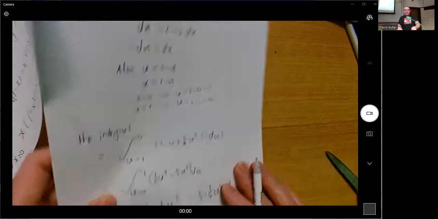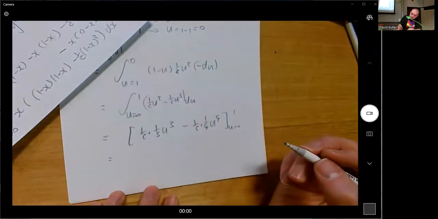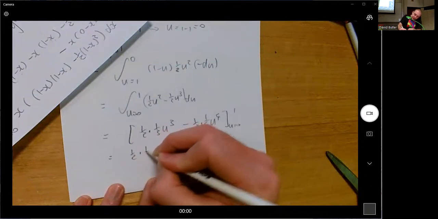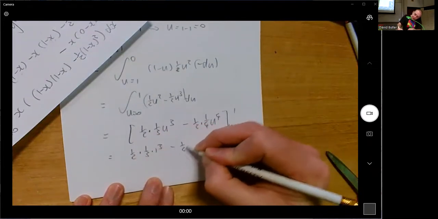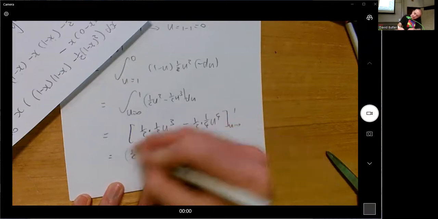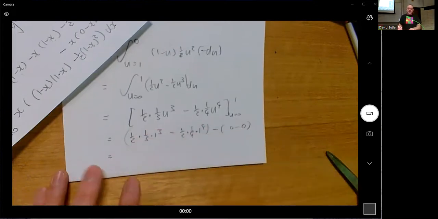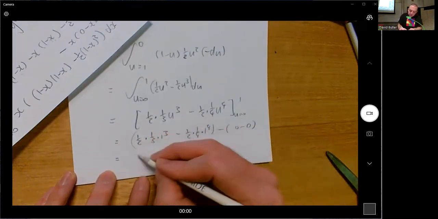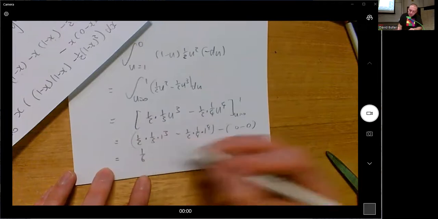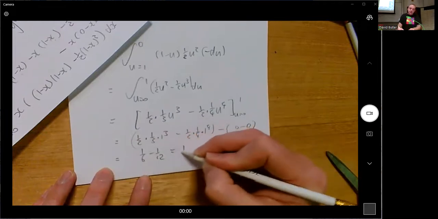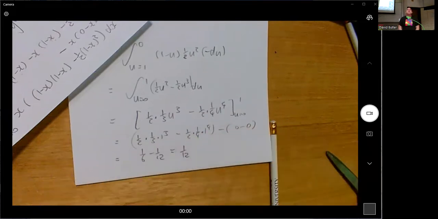And I've got half times a third times 1 cubed minus a half times a quarter times 1 to the 4, minus 0 minus 0. So I've got a 6th minus a 12th, which is a 12th. Cool. So the average x coordinate of all the points in this pyramid is a 12th. I told you it would be close to 0.